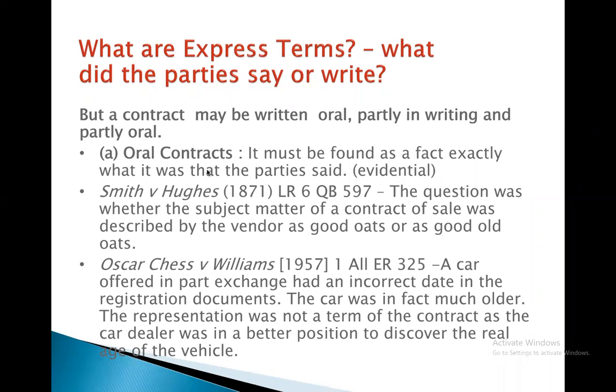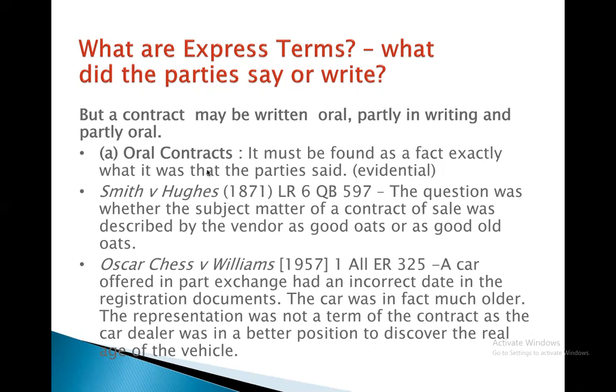Okay, so what are express terms? By express terms, as we have explained already, we are talking about what the parties said or what the parties wrote, because those are the things they will have negotiated, applied their minds to, and come to some consensus or understanding of.